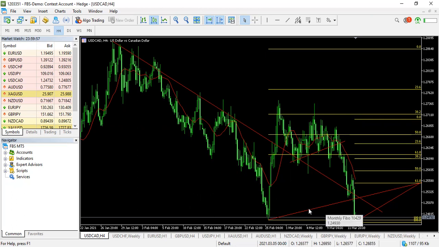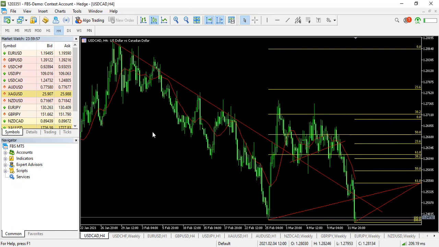It never got retested. This is the first time we're getting a retest, so we can get a double bottom where we see the market rising up and up. Maybe it's going to go sideways before it accelerates to the upside, and also go to this last high here at 1.28600. But we wait and see.